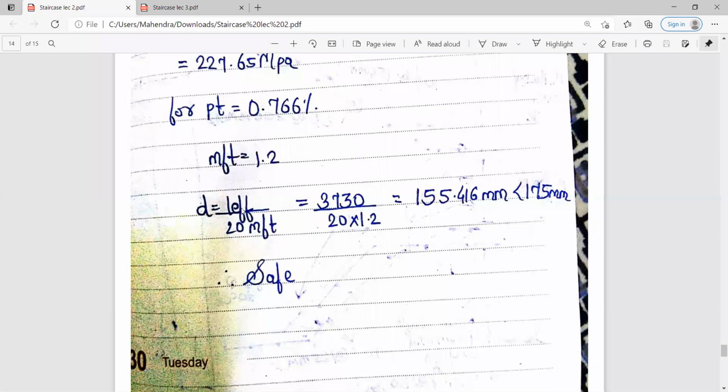L effective is nothing but the effective length you had calculated in the very first step of your sum. So L effective you got 3730 upon 20 into modification factor.